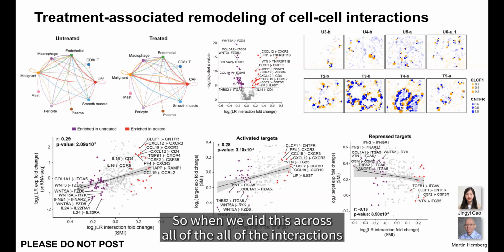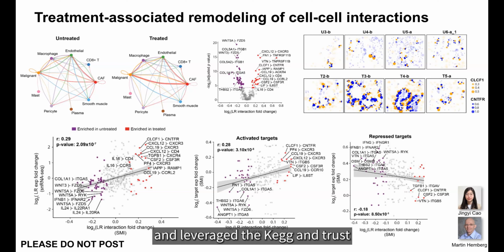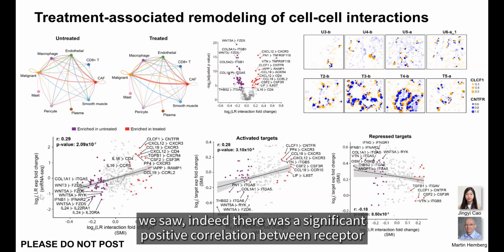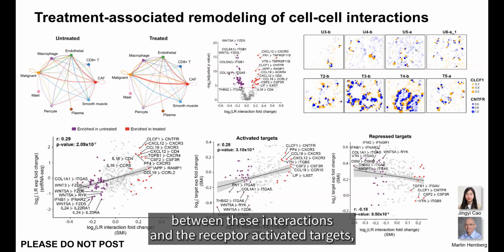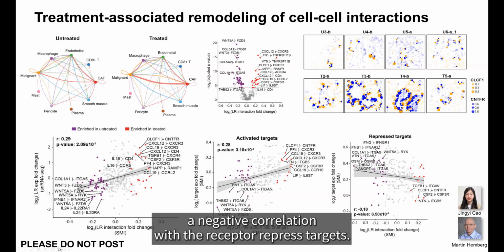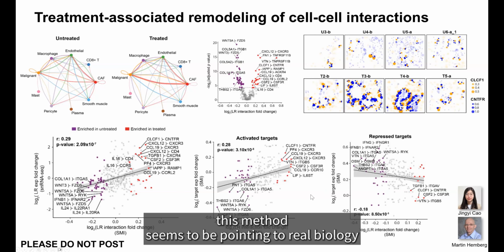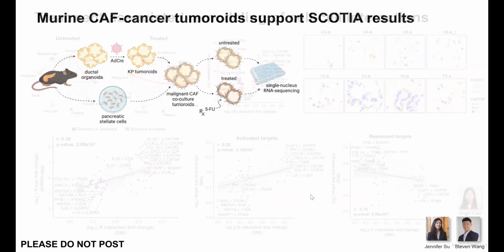So when we did this across all of the interactions, and leveraged the KEGG and TRRUST version 2 databases for the downstream targets, we saw indeed there was a significant positive correlation between these interactions and the receptor-activated targets, and a negative correlation with the receptor-repressed targets. So that was yet another check that this method seems to be pointing to real biology.